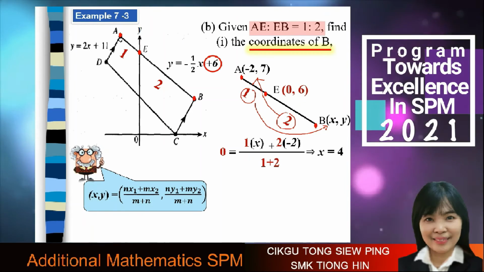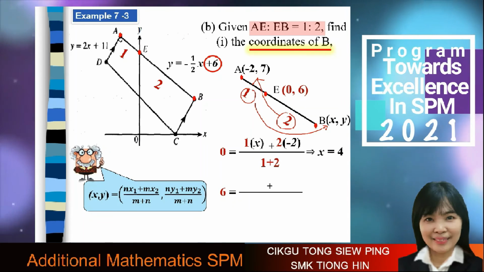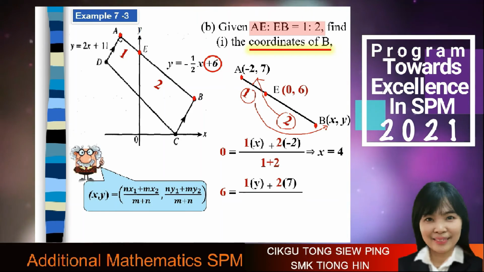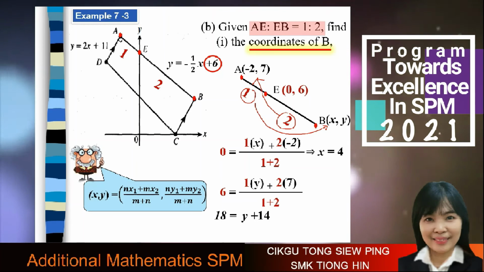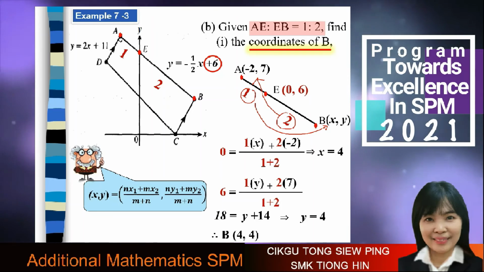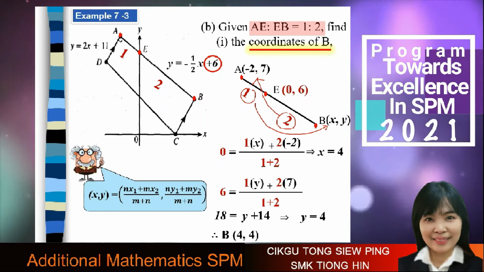So for it, I get x equal to 4. Similarly, do this for y. 6 equal to 1 multiplied with y plus 2 multiplied with 7, divided by 1 plus 2. So for it, I get my y equal to 4. Therefore, my B coordinate is (4, 4).